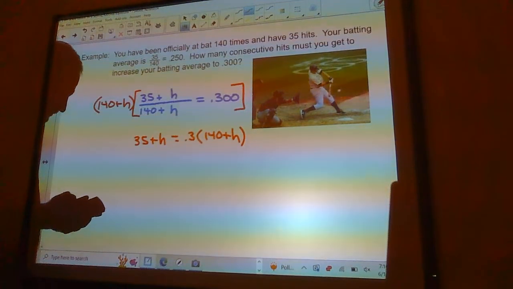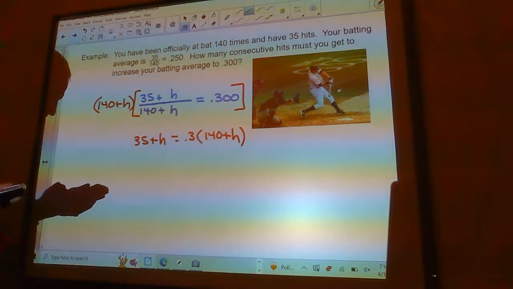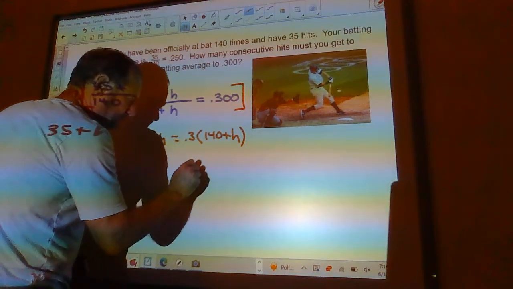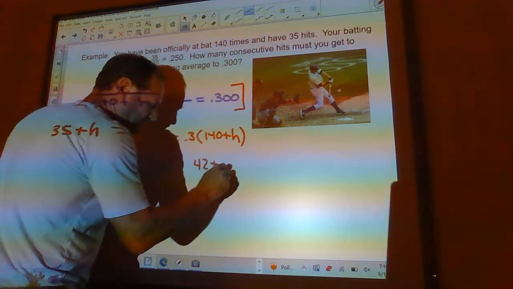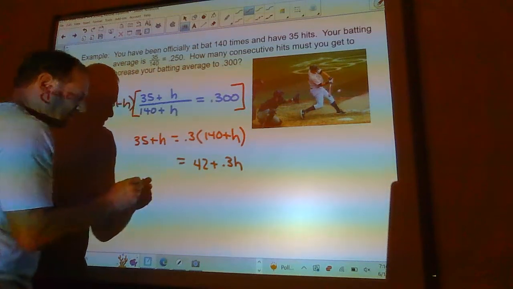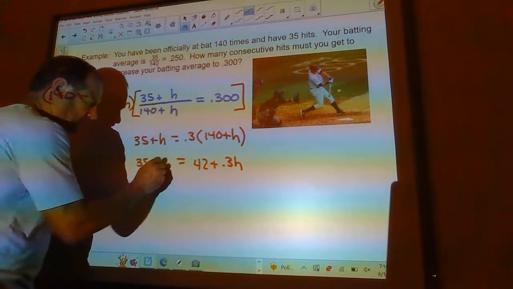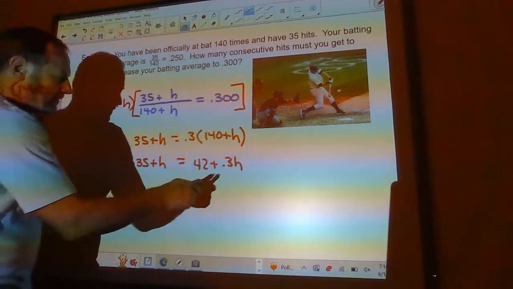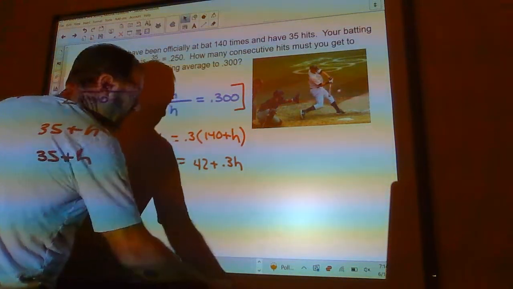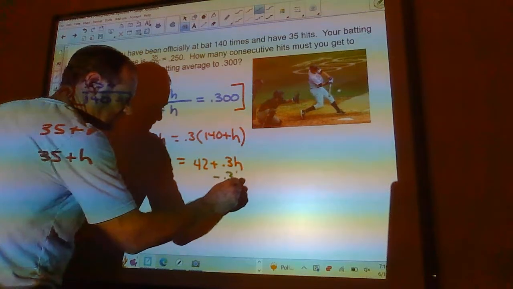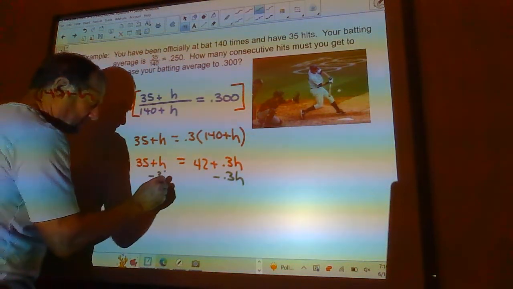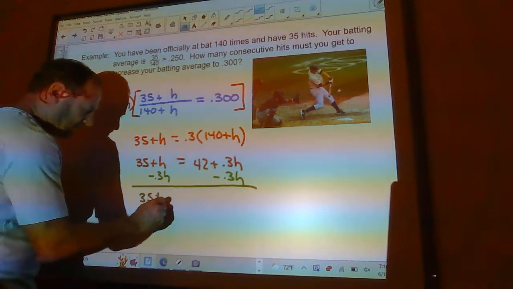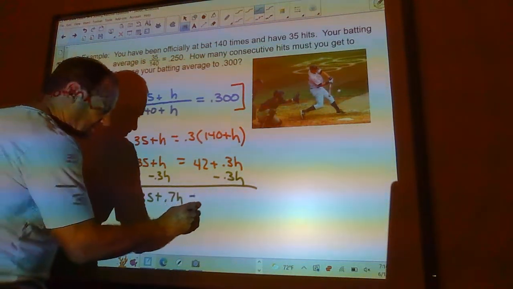So, let's see, 0.3 times 140 is going to be 42. Plus 0.3H is going to equal 35 plus H. Now I'm going to go ahead and subtract this to the other side. All right, so I'm going to get 35 plus 0.7H equals 42.